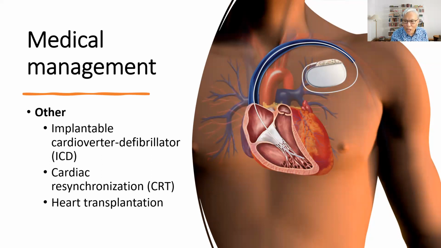It has been found out that patients who have heart failure are going to have high incidences of sudden cardiac death. And that's the reason why we do an ICD.